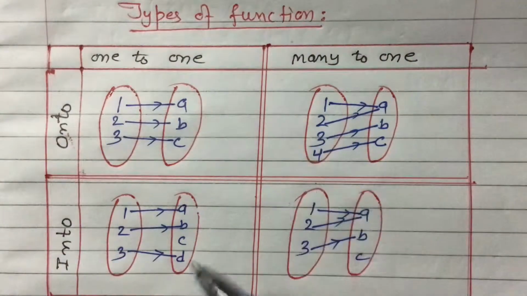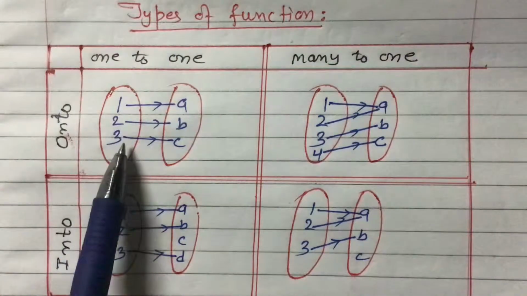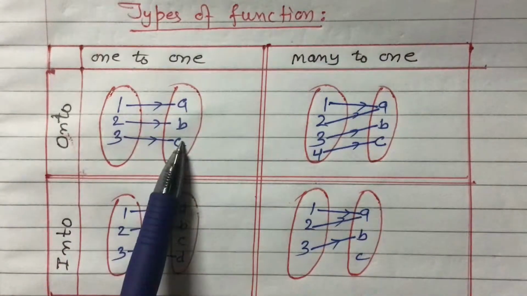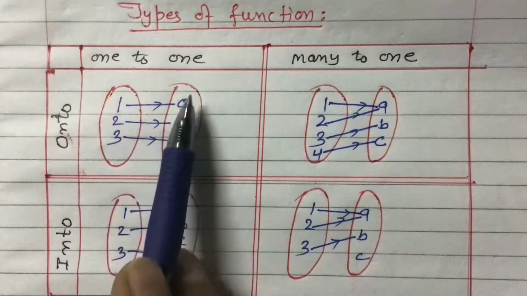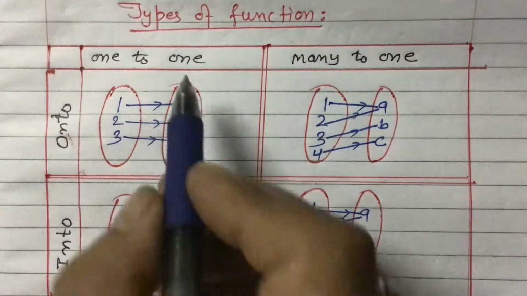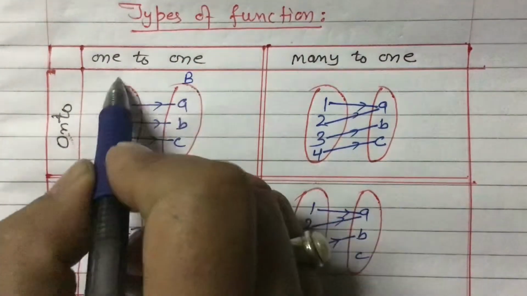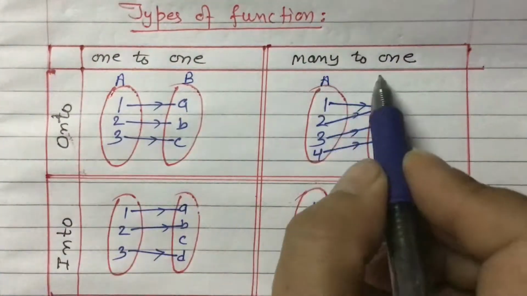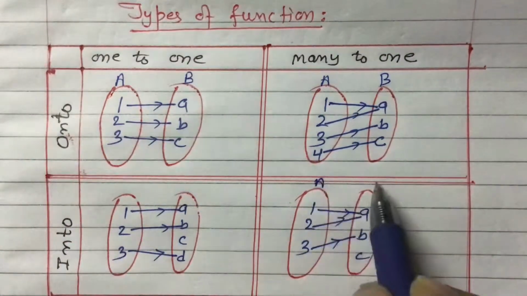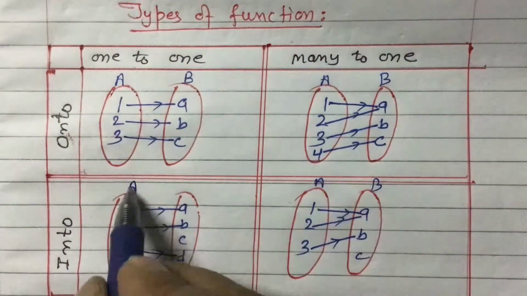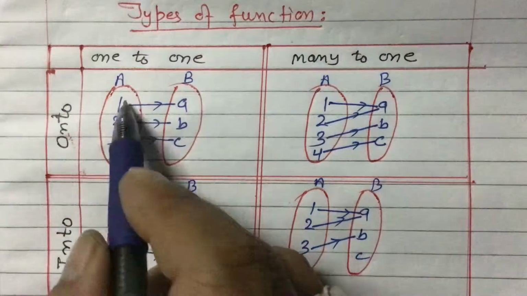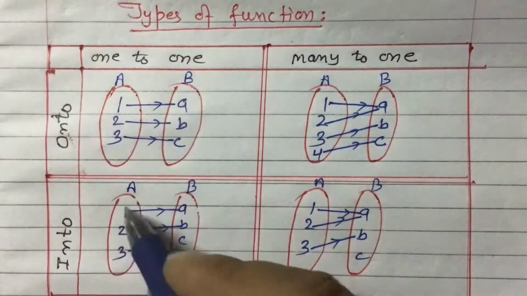See, look at here. If you look at this example here, this is codomain set B. Let us say set A, set B. This is the first set, domain. This is codomain. This is domain, codomain.